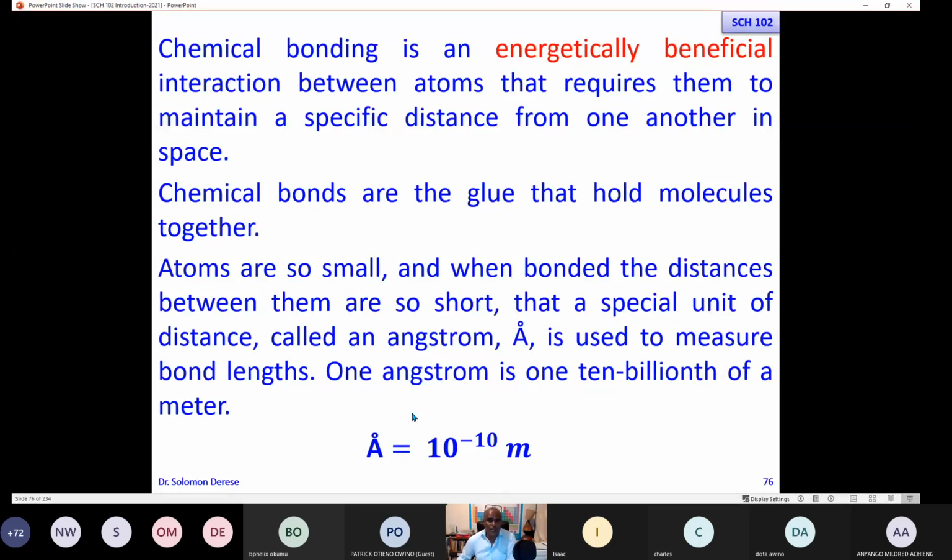It is also common to see it expressed in nanometers. You can say the bond length between the two hydrogen atoms, the distance between the nuclei of the two hydrogen atoms in hydrogen, for example, is 120 nanometers, whatever value the distance is.